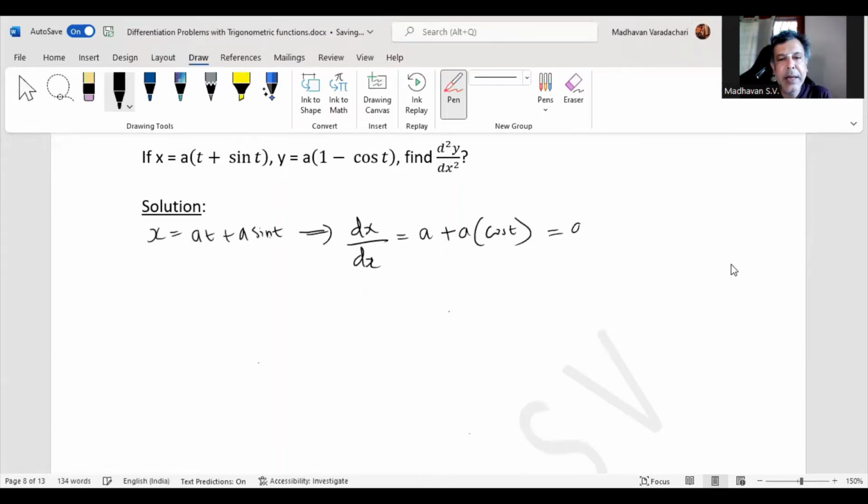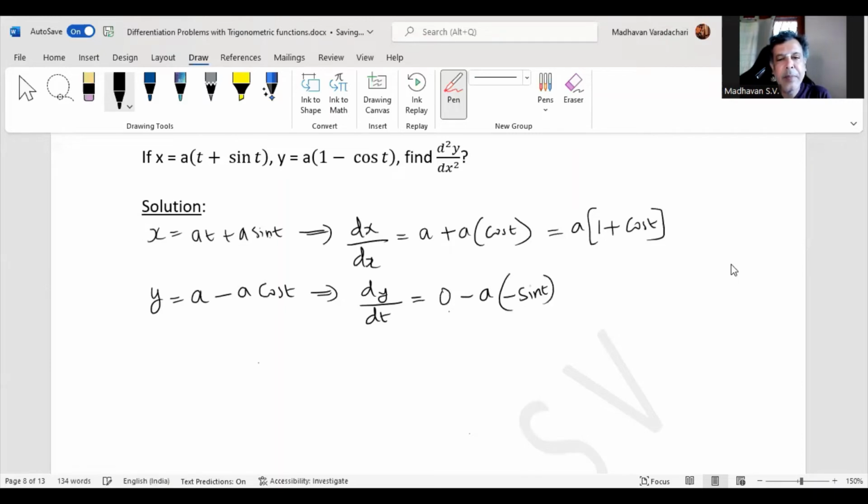So we can rewrite it as a times 1 plus cos t. Then let us rewrite y, which is a minus a times cos t. So dy by dt will be differentiating a constant is 0 minus a times differentiating cos t will be minus sine t. So this becomes a times sine t.